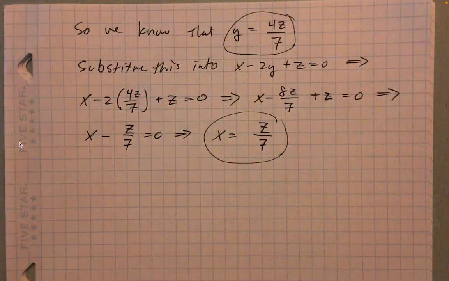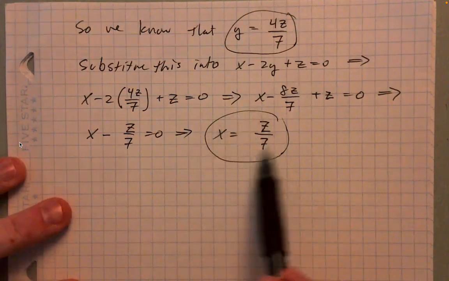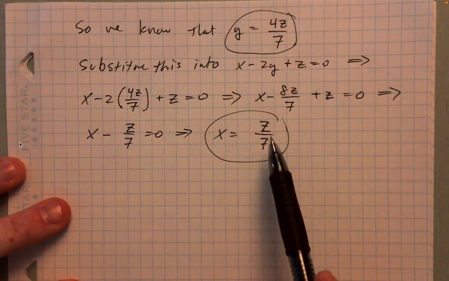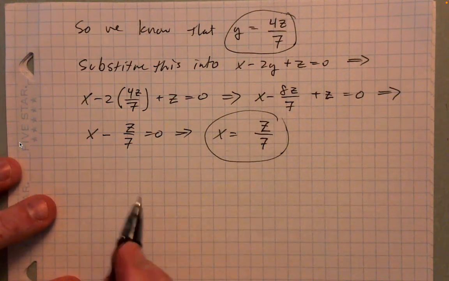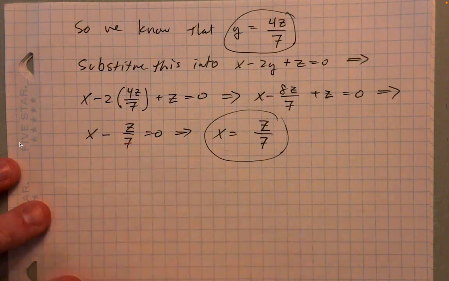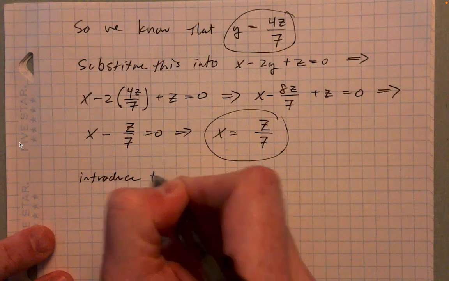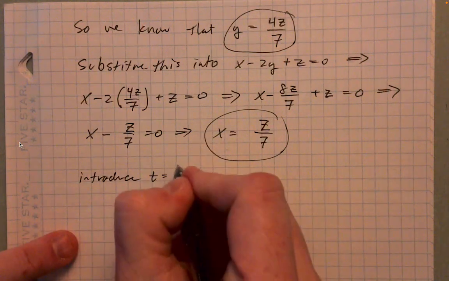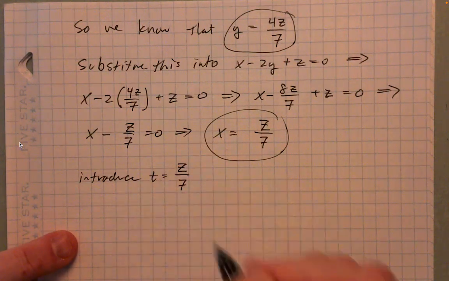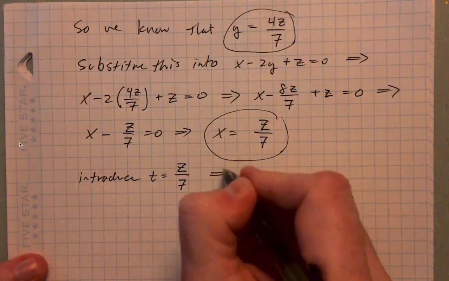Okay. And so at this point I can say, let's introduce a variable t, and we'll let t equal z over 7. Okay. And what does that give me?